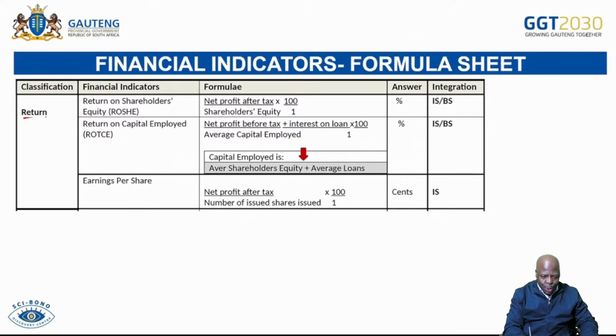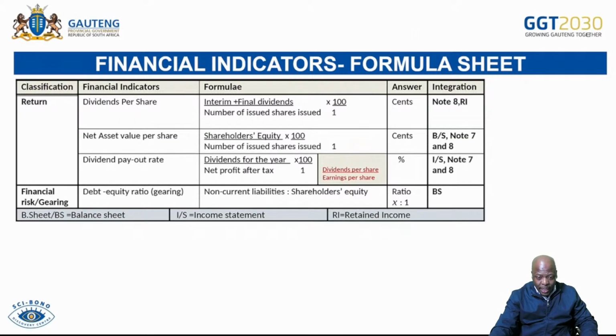When we deal with our return ratios, there is a number of them. You have your ROTCE, which is the return on total capital employed. That's the longest one that I was talking about. And then you have your earnings per share, which is EPS. Remember, these are all part of your return financial indicators.